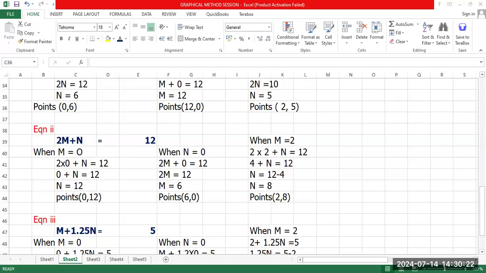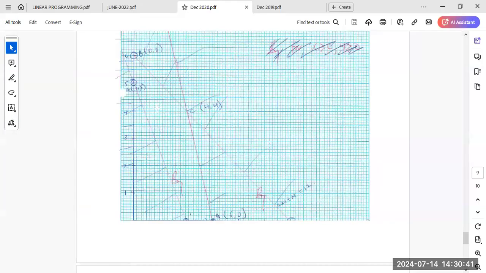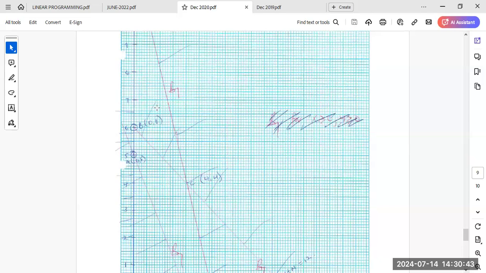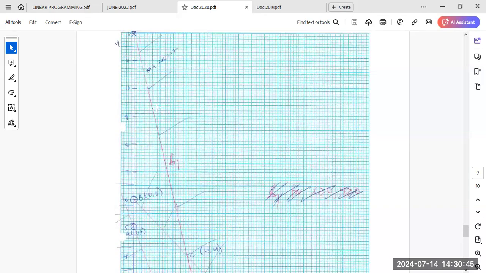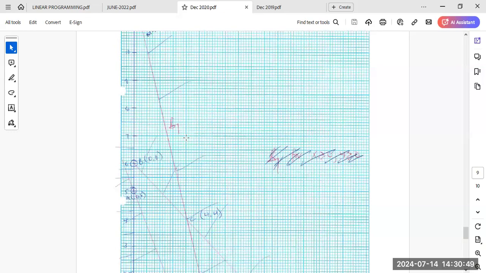Colleagues, which screen are you seeing? Plan of workings with Excel. Equations. What about now? You seeing the graph.